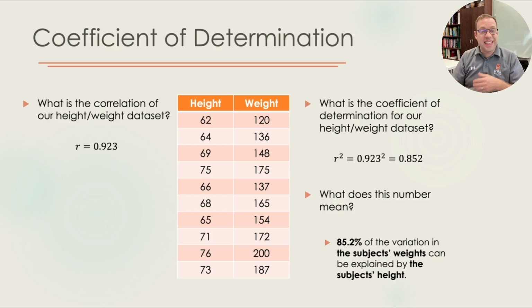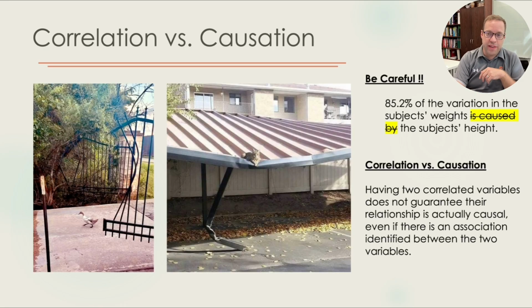The subject's weight can be explained by the subject's height. How much of that variation is explained by the height? 85.2%. The other 14.8% is caused by other variables, the confounding or lurking variables that we have had to deal with.